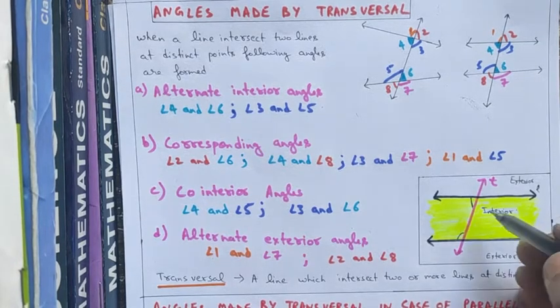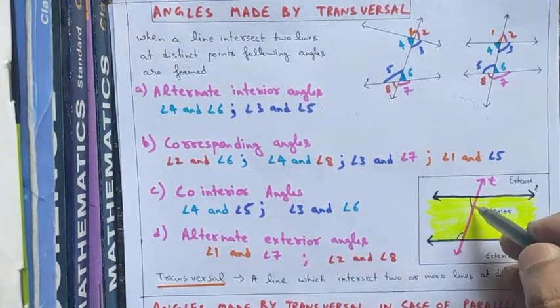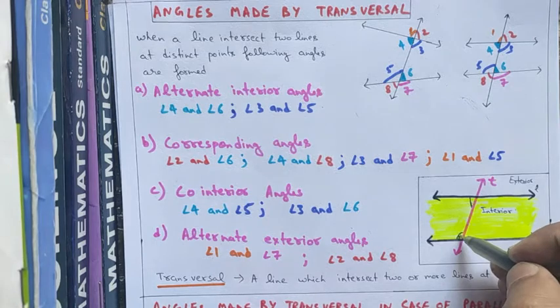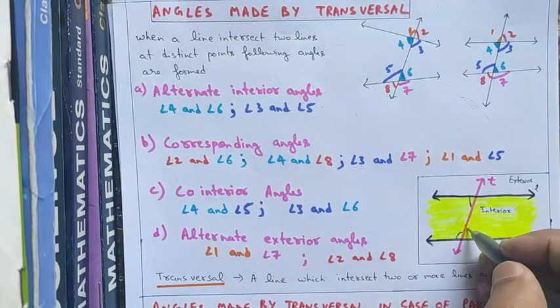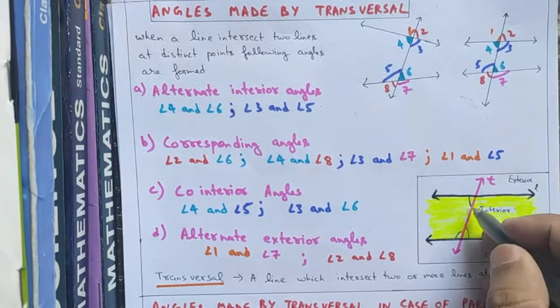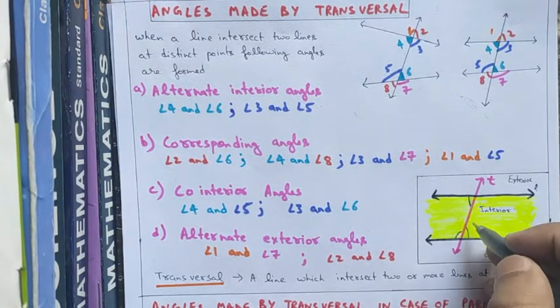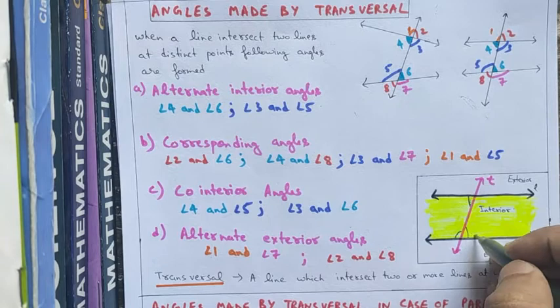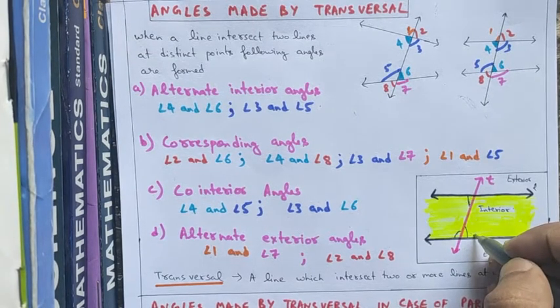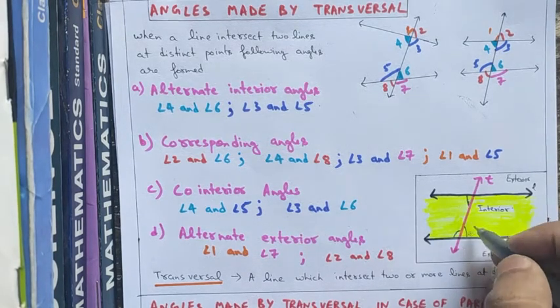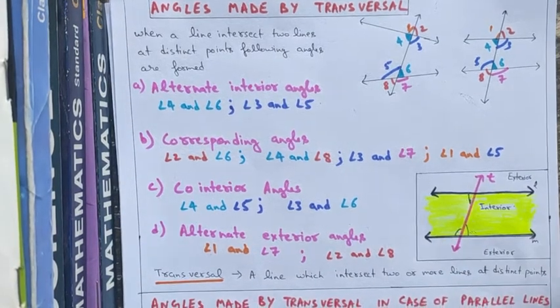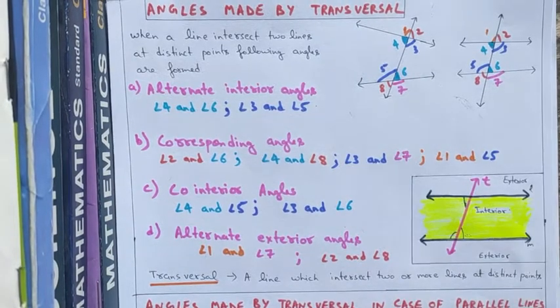We can also say these are interior adjacent angles, and this angle and this angle are on the opposite sides of the transversal, therefore they are called alternate interior angles.